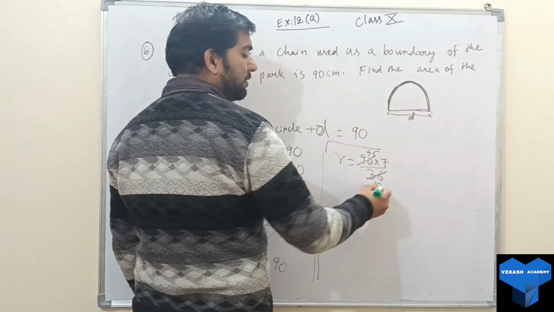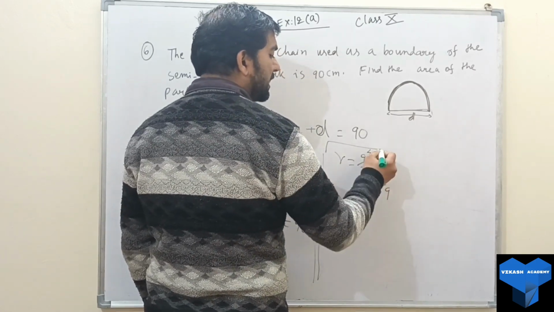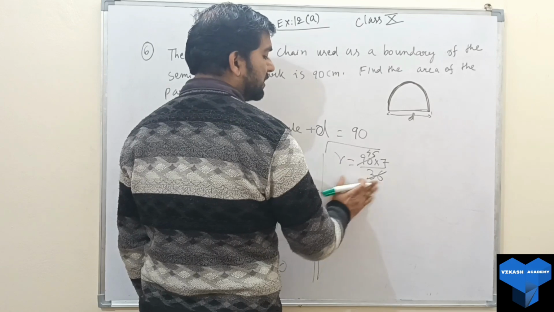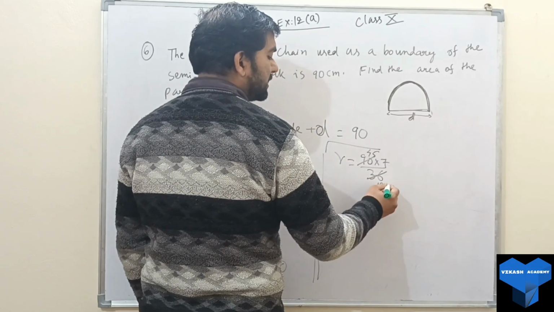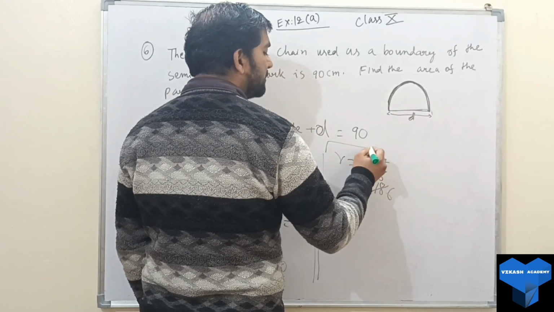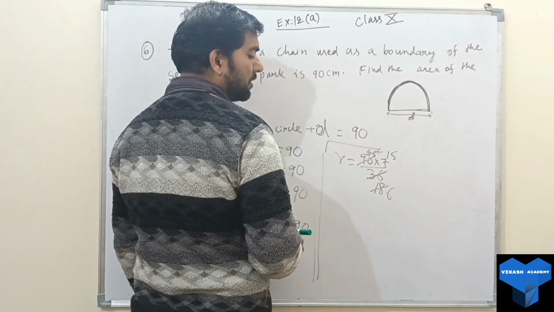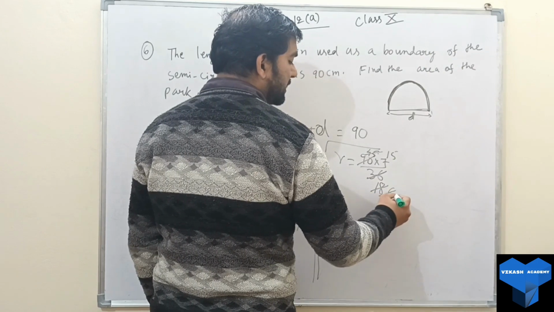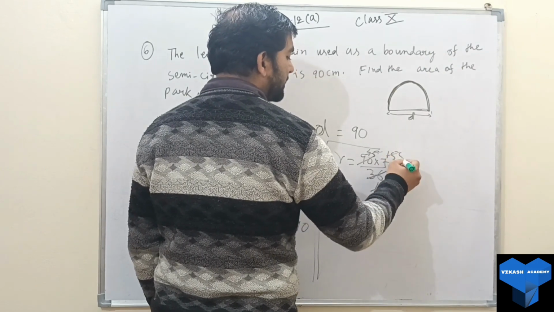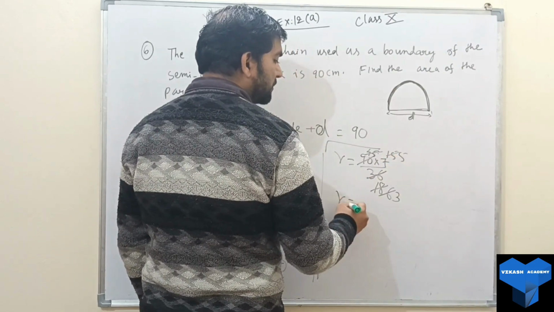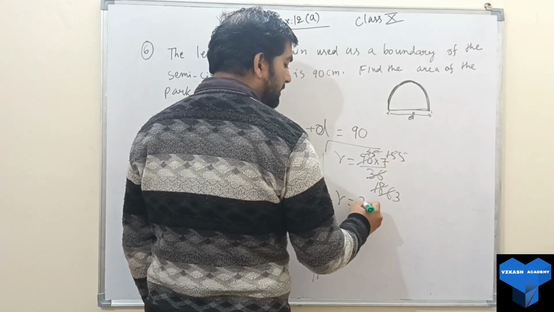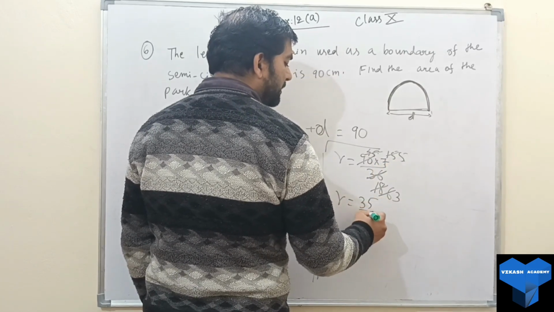Again 2 nines are 18, and we cannot cancel 2 further, so we will cancel with 3. 3 sixes are 18 and 3 fifteens are 45. Again with 3, 3 threes are 9 and 3 fives are 15. So we got r is equal to 7 into 5, we will get 35 by 2.